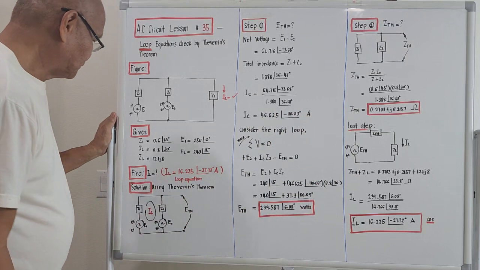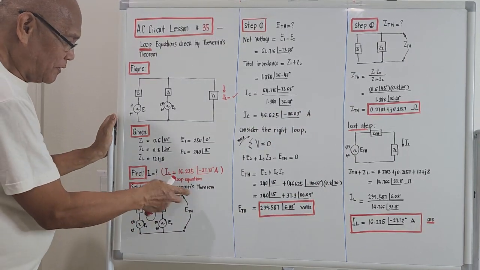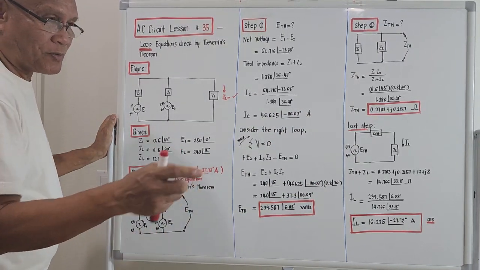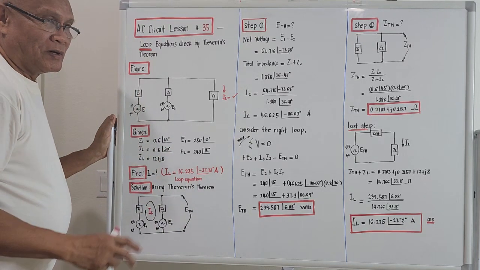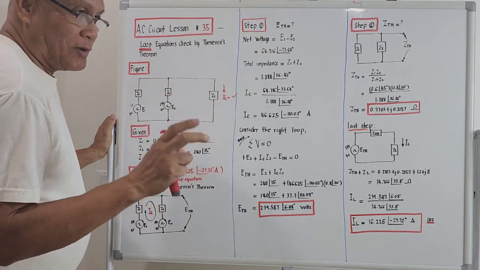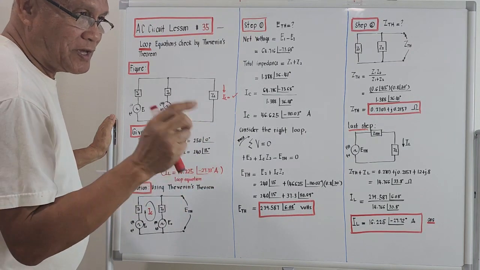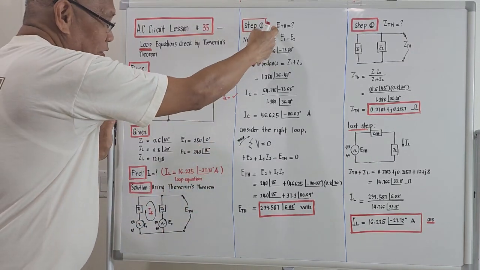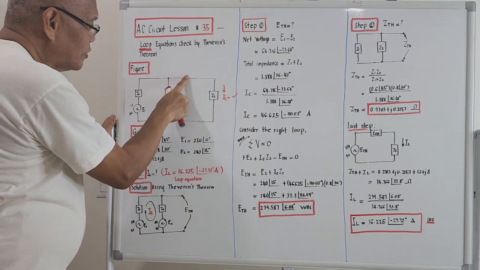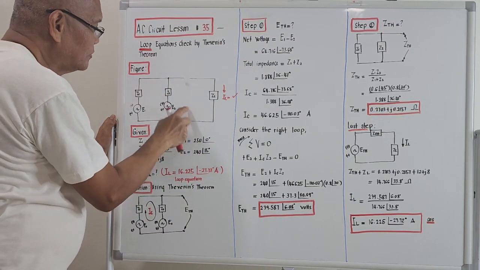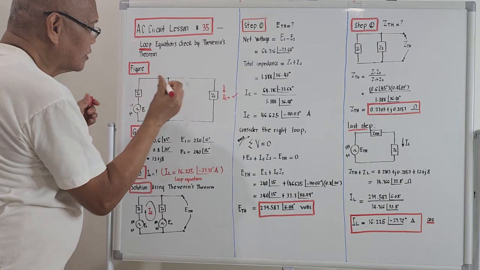Let's proceed. For the Thevenin's theorem solution, there are two steps. Step number 1, we will compute for the open circuit voltage ETH. Meaning to say, we will disconnect the load.